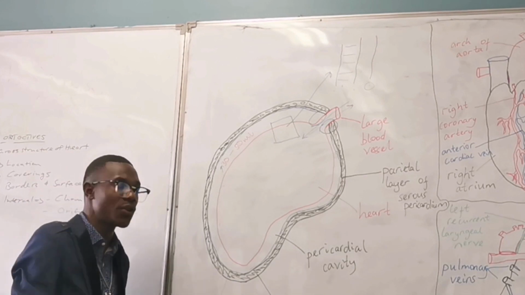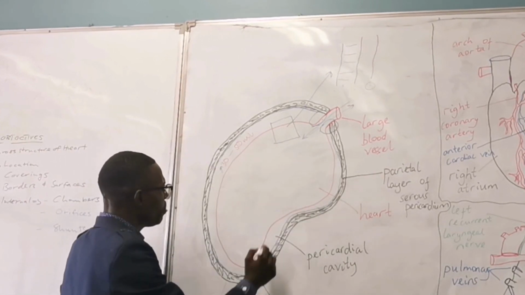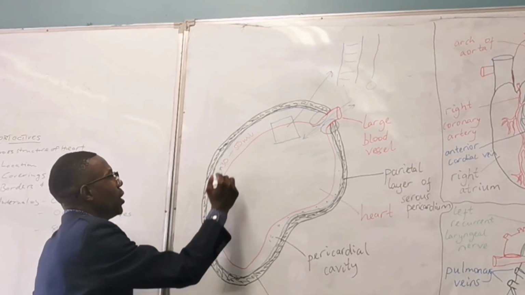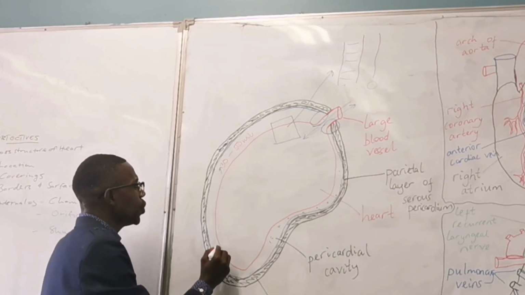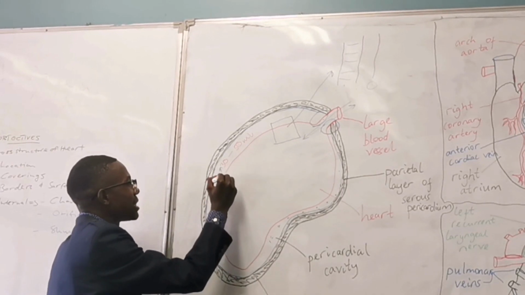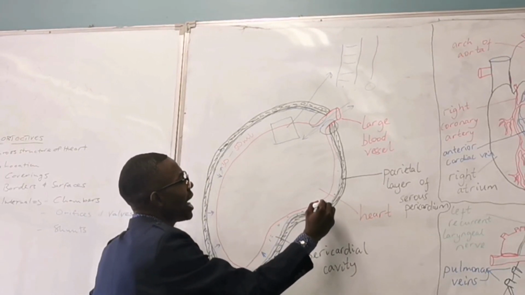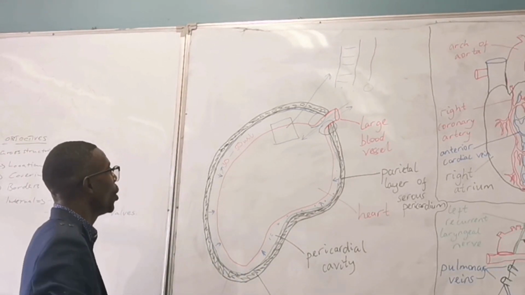If we increase the serous fluid, maybe there's hemorrhage, maybe we have blood in the serous fluid, causing the volume to increase, we are going to compress the heart like this. Which means the heart is not going to contract very well.